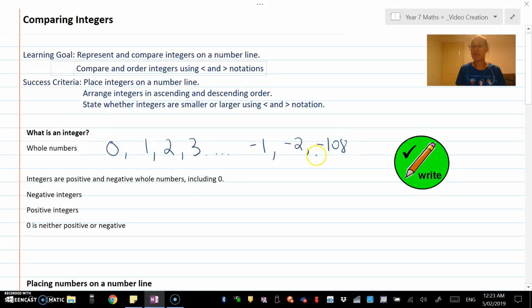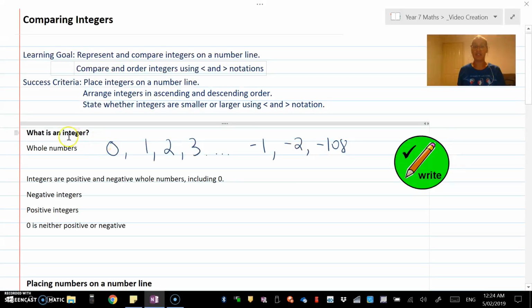Both positive and negative integers go on infinitely. Some of our negative number examples are listed here, and 0 is neither positive nor negative.